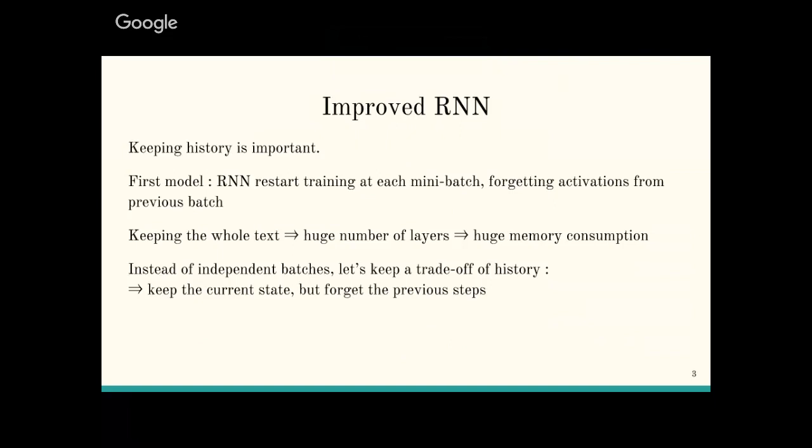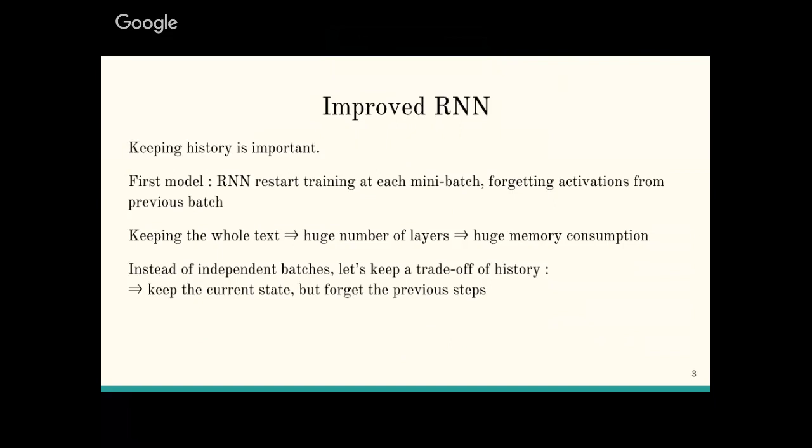At the beginning, we divide the whole data set into mini batches. But the problem is that when we pass from one batch to the next one, we forget the activation functions. One way is to have a huge number of layers, but then you have a memory problem.